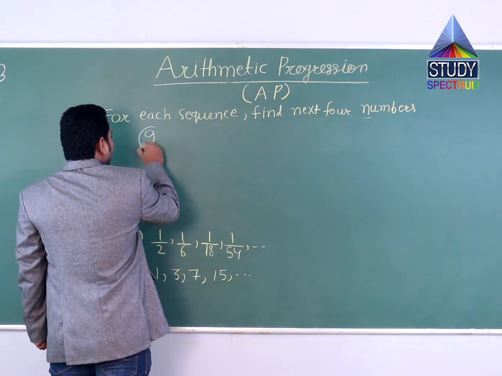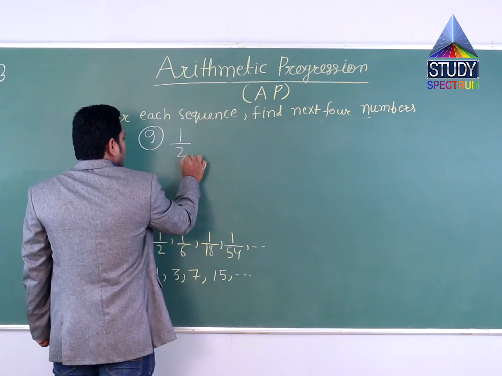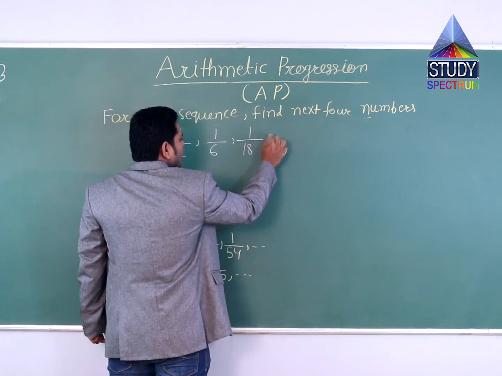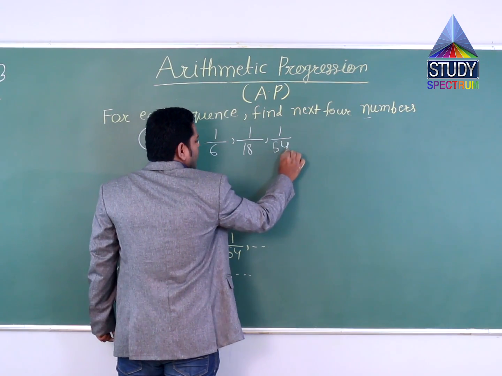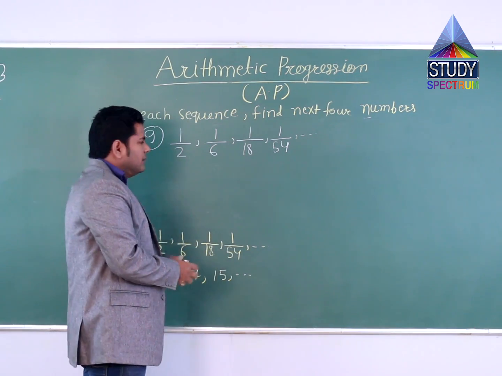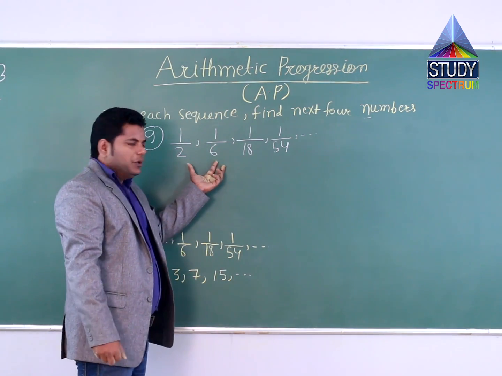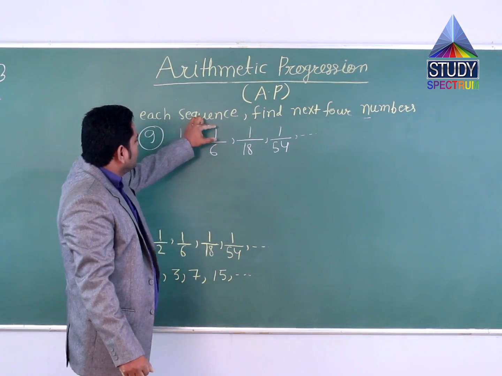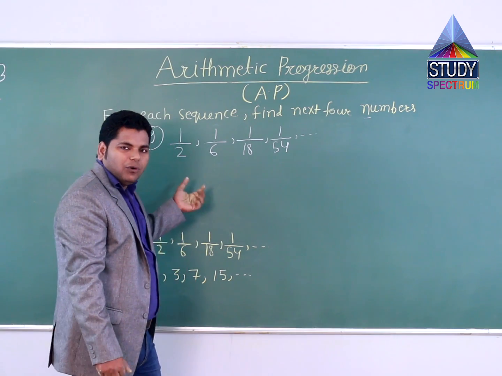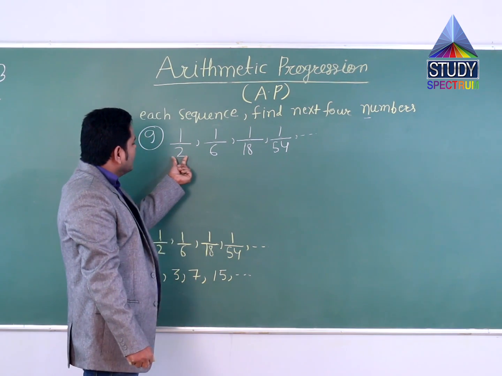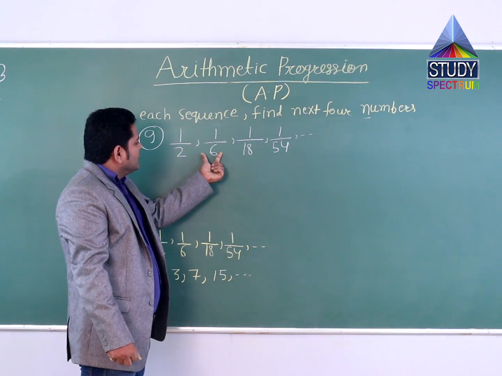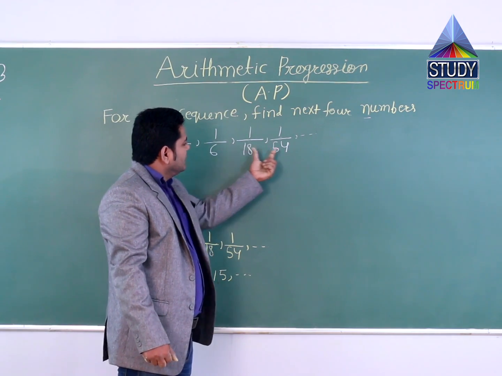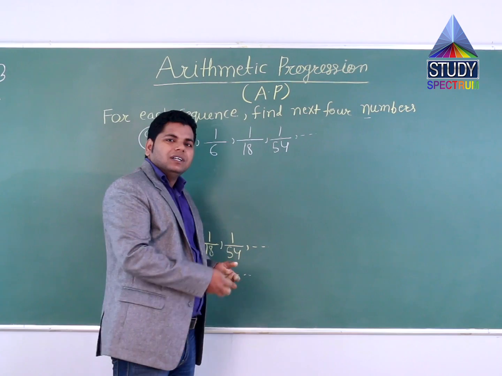We have 1 by 2, 1 by 6, 1 by 18, 1 by 54. If you analyze this sequence, you can say each term has numerator 1, and now talk about the denominator. The first term has denominator 2, the second term 6, the third term denominator is 18, the fourth term has denominator 54.